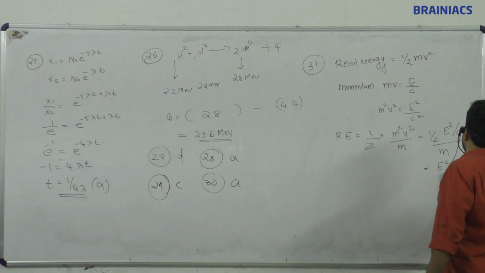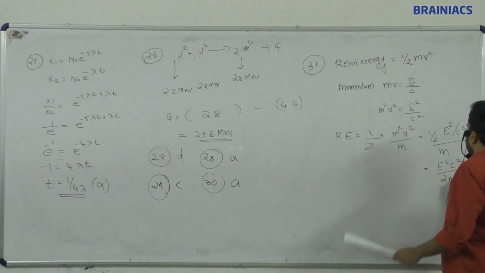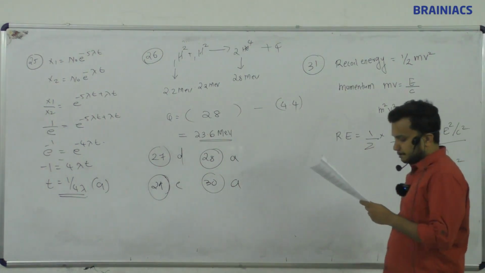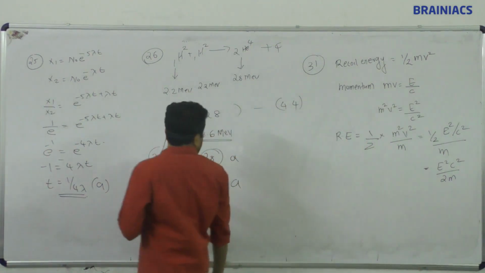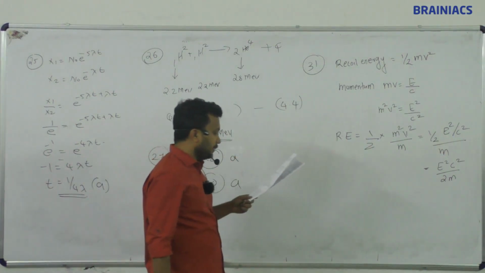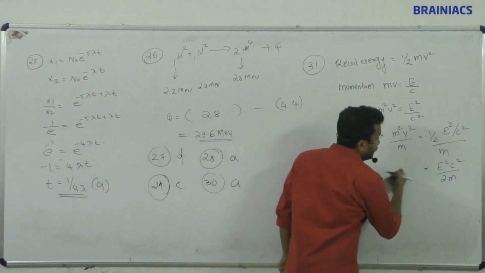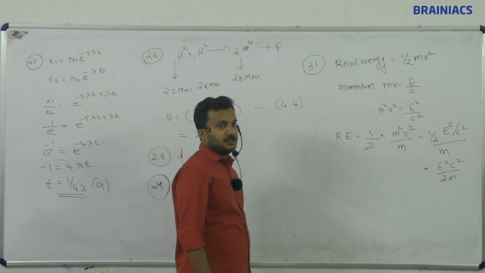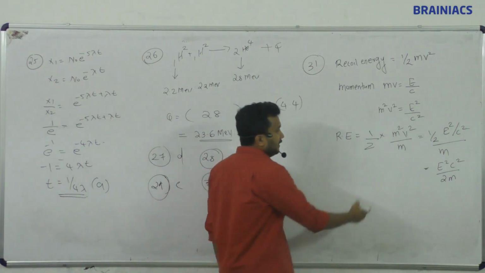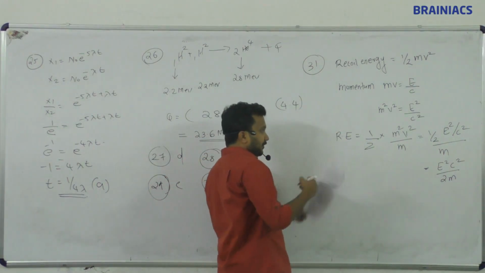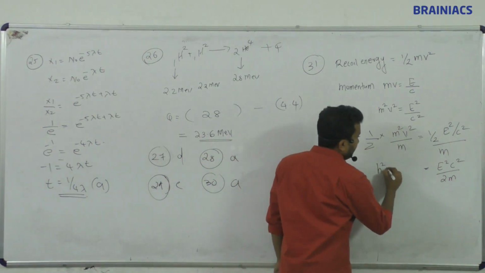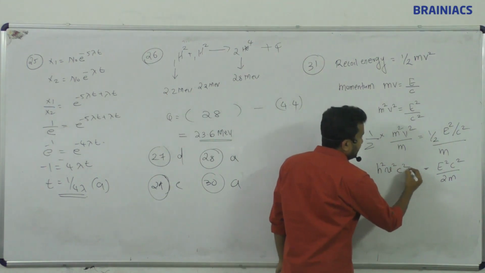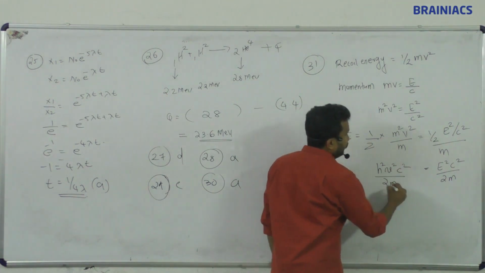So it is E square divided by 2mc square. What is the energy of a photon? Photon energy is h nu, correct? Because the answer is in terms of frequency, h square nu square divided by 2mc square.